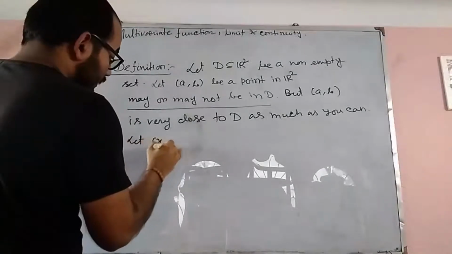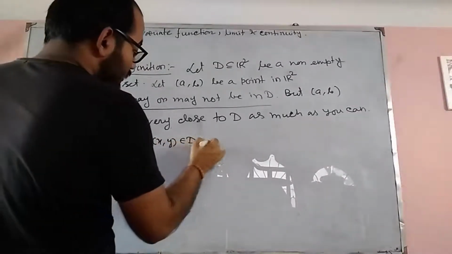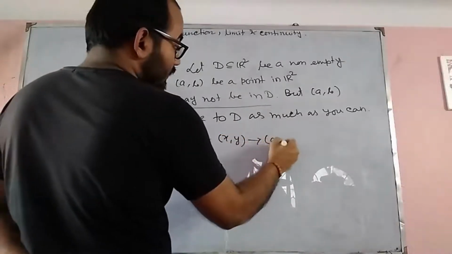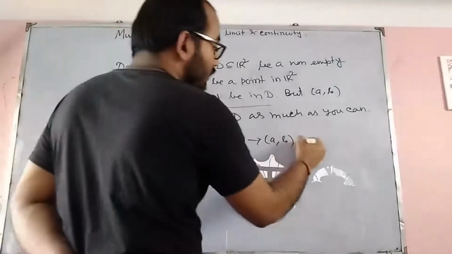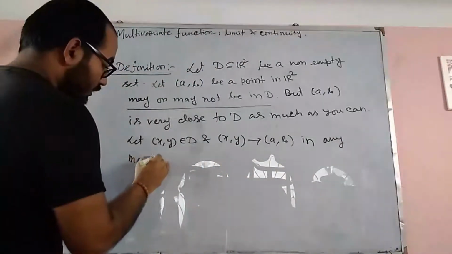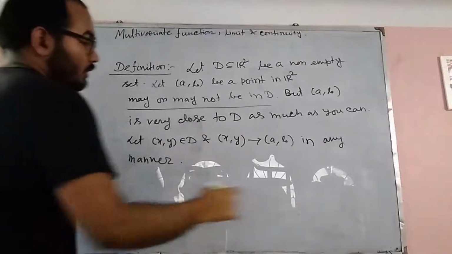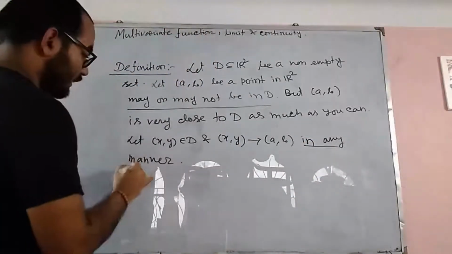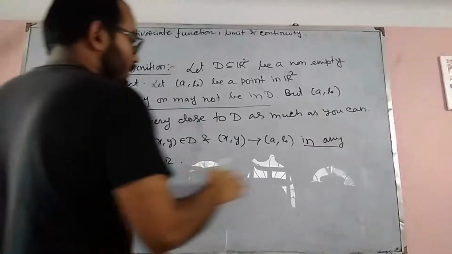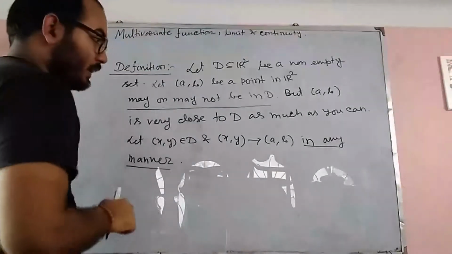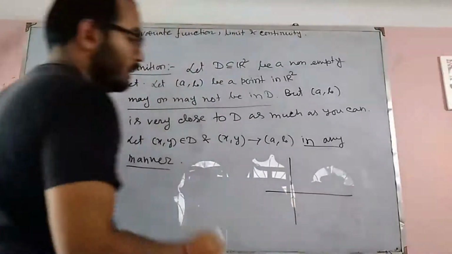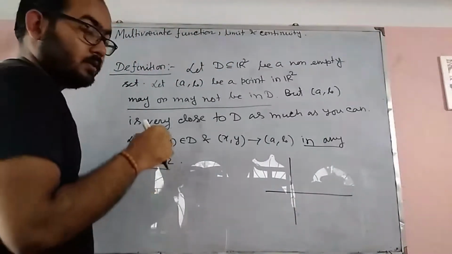Let (x, y) belong to D and (x, y) tends to (a, b) in any manner. This is another important thing in this definition. What is meant by this underlined phrase? See, here I draw the picture.